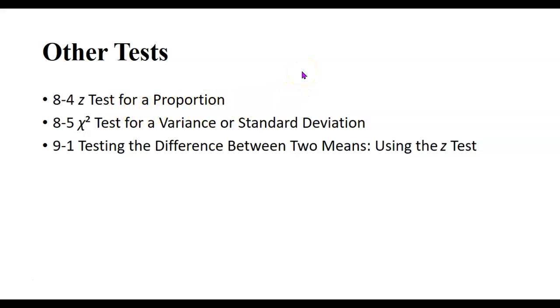That would be if you wanted to test a claim about what proportion or what fraction or what percent of some population falls into some category. Like a claim that over 60% of voters favor a certain candidate, or a claim that less than half of restaurants are offering carry out and delivery, or things like that.